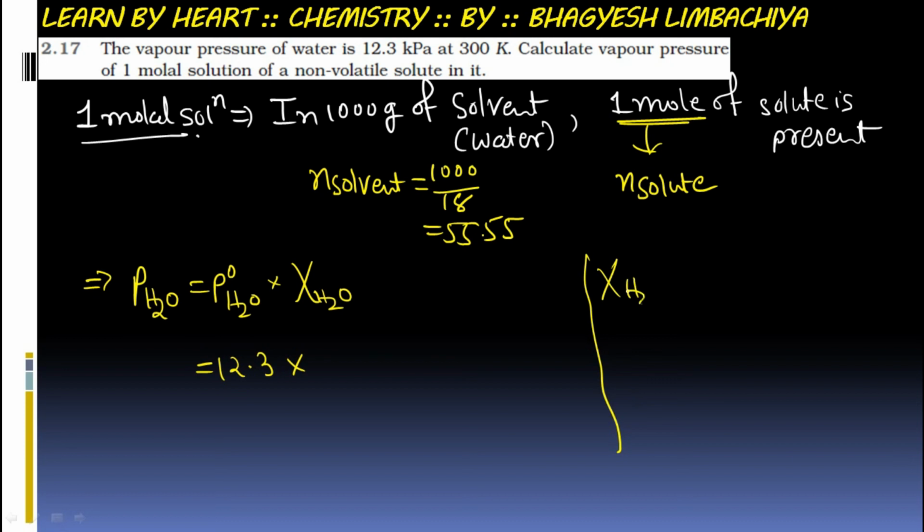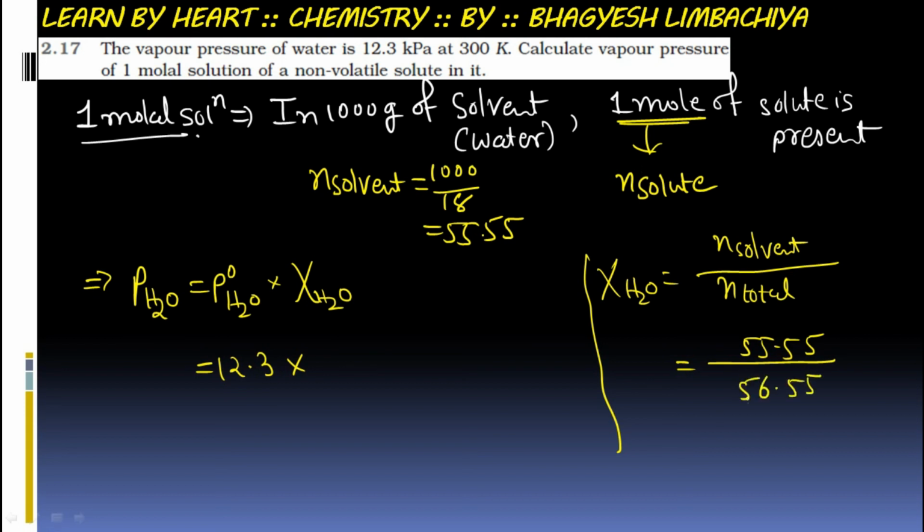So mole fraction of water is the number of moles of solvent upon N total, that is the number of moles of solute and solvent. So N solvent is 55.55, and then the sum of 55.55 and 1 is 56.55. So the division is 0.98, so simply it is multiplied by 0.98 to give the answer 12.05 kilopascal.